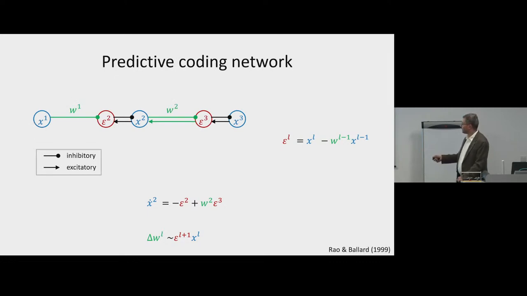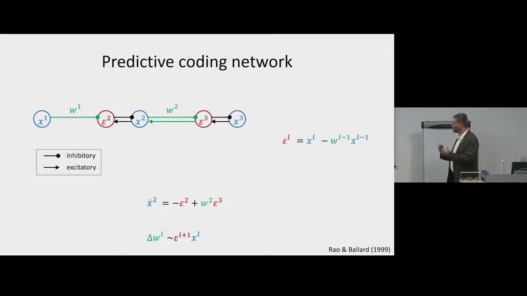By contrast, the value node, x2, will now be driven. So this is a differential equation, so there's a derivative over time. And it's driven by the two error nodes. So it receives inhibition from the corresponding error node and excitation from the other error node via connections with weights W.